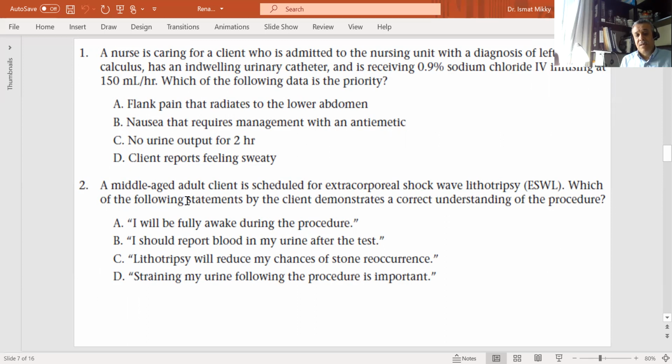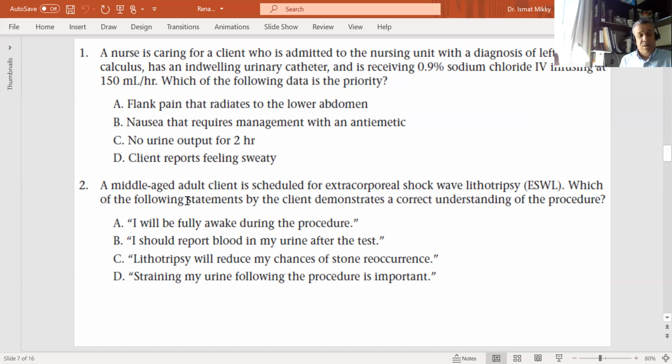So the first question, the answer is no urine output for 2 hours. The greatest risk to the patient is kidney damage, which may occur from the renal obstruction.